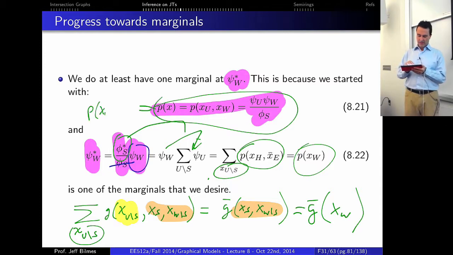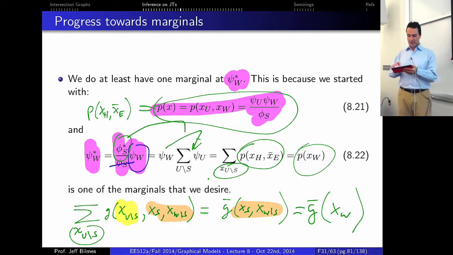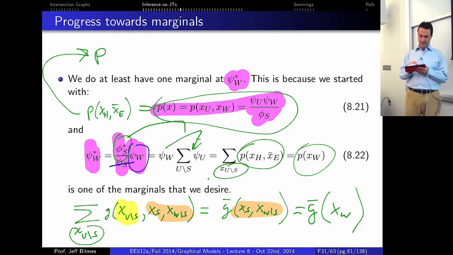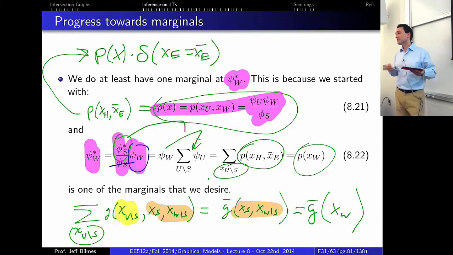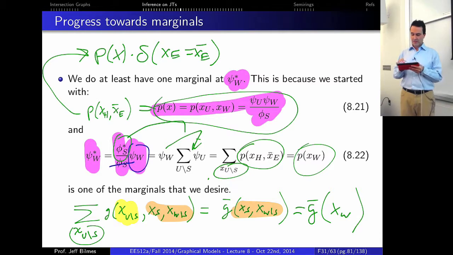This is really p of x sub h and x sub e bar, which is really equal to p of x times a delta function of x of e equal to x of e bar. So in other words, it really is still a function of x of e, but whenever you sum over these variables x of e, if you don't agree with this evidence stuff up here, then the delta function is going to kill off that term in the sum. So all you're left with is only the terms in the sum that have the evidence variables equal to the evidence variable values that you've observed.